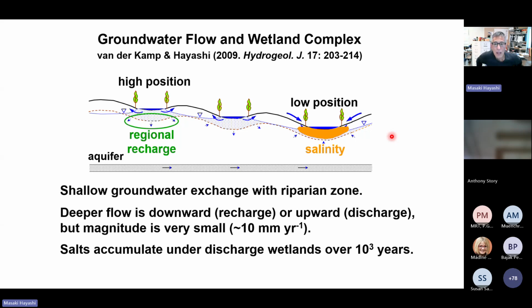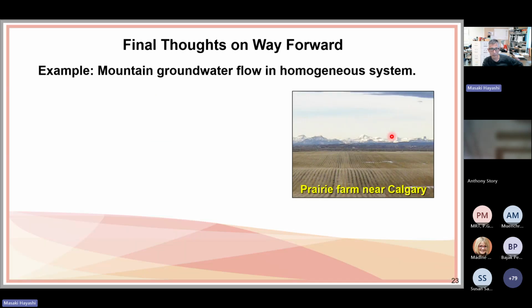This actually resulted in some negative influence on the management policies and planning of these prairie wetlands. So what we should have done is to use a more correct understanding of hydrogeology to develop the policy and management framework. So these are the final thoughts.